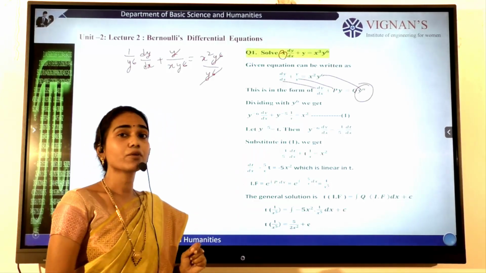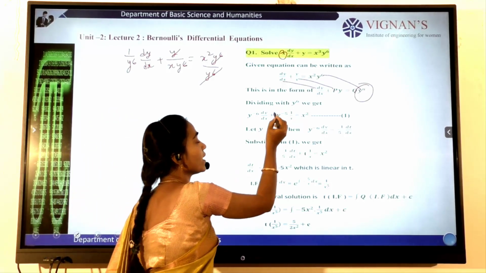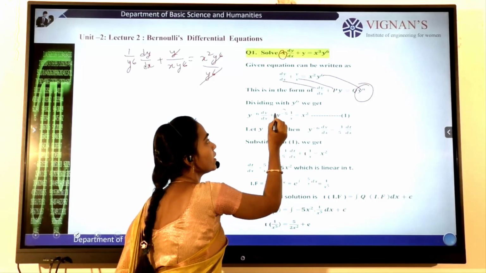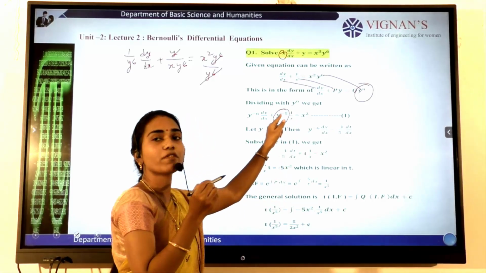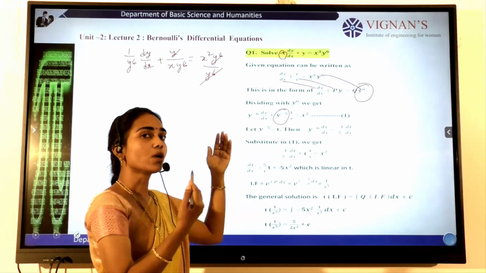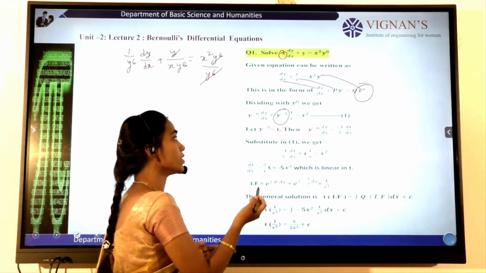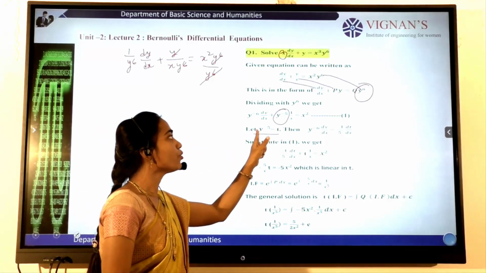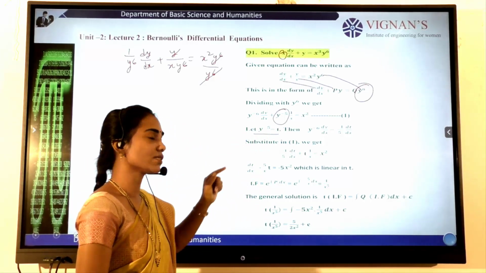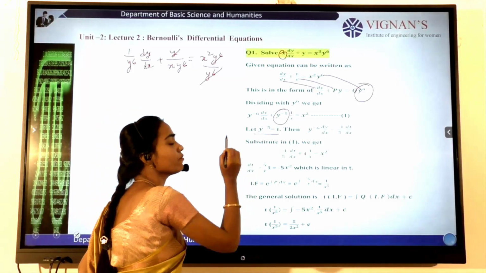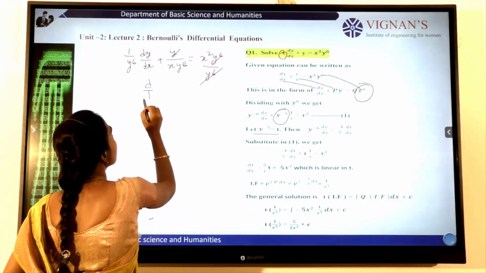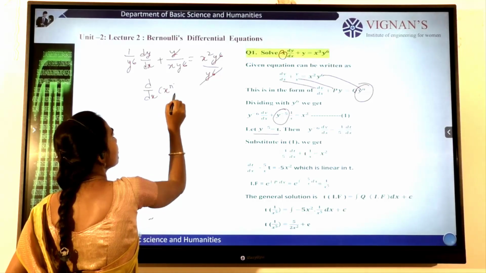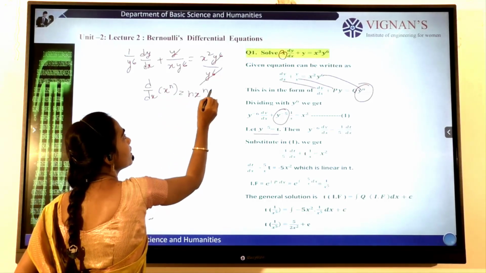Now what do we assume as t? That is the main important thing. We have to take the middle term y power minus 5 as t to convert this equation into a linear equation. So let us take y power minus 5 as t. We have to differentiate this with respect to x. It is like the formula d by dx of x power n, which is n into x power n minus 1.